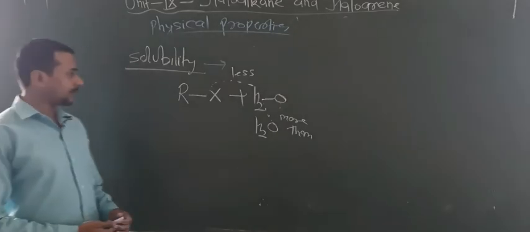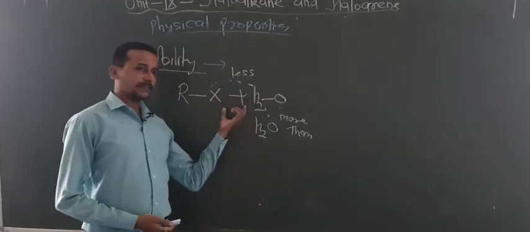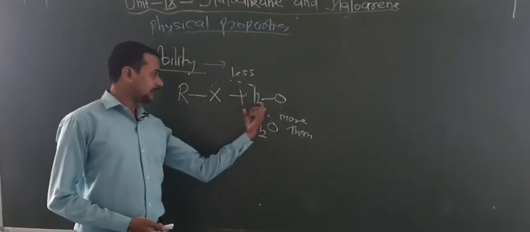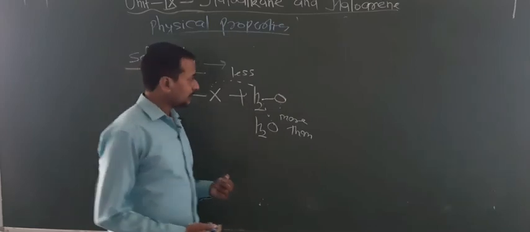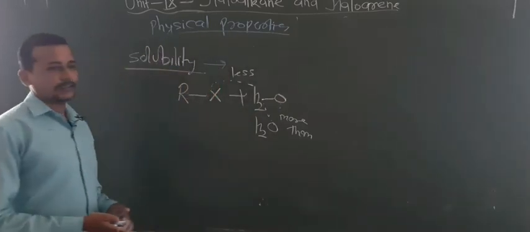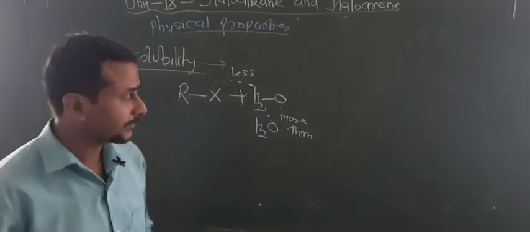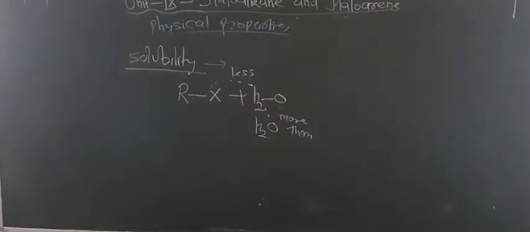In that condition, the energy required to break this bond is not sufficient, that's why haloalkanes are not soluble in water. So now you can think about the solubility, even though they are more polar and could be soluble in water, basically it is insoluble in water.